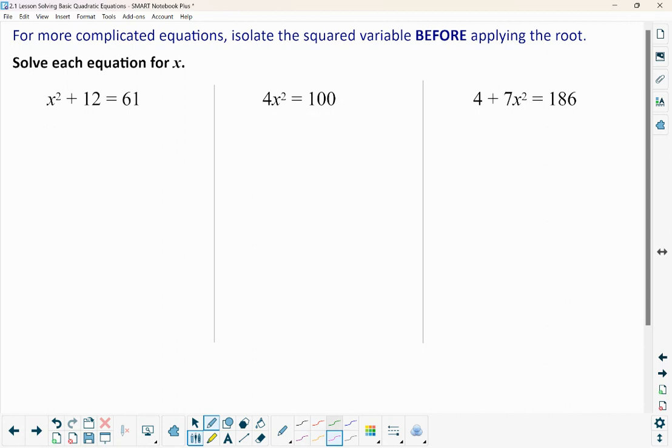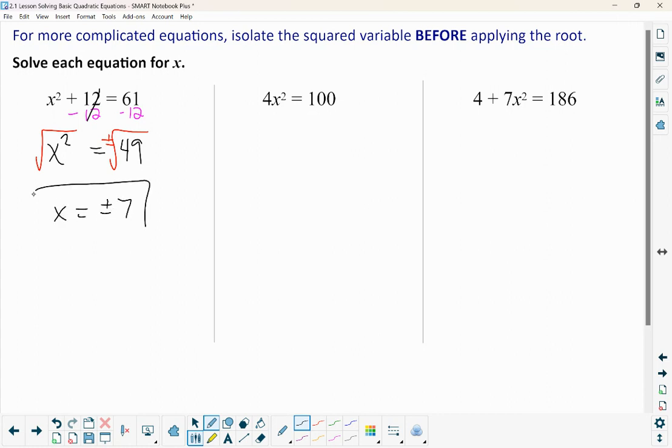So we're going to start by subtracting 12 from both sides of the equation. Well, 61 minus 12 is 49. So on the left side of the equation, I just have an x squared because these two canceled. And now I have x squared equals 49. So now I'm ready to apply the square root to both sides of my equation. And when I do that, I get the solution x equals positive and negative 7.